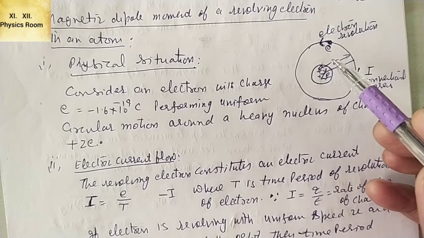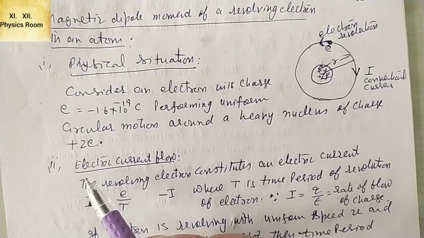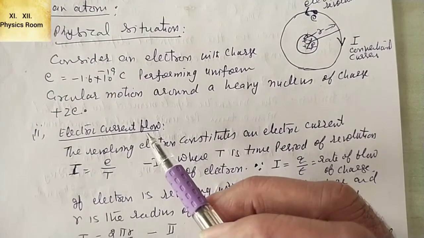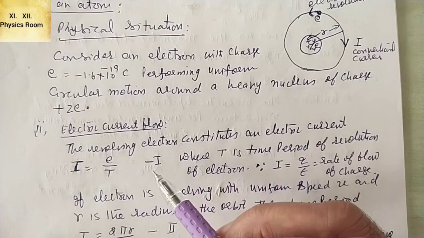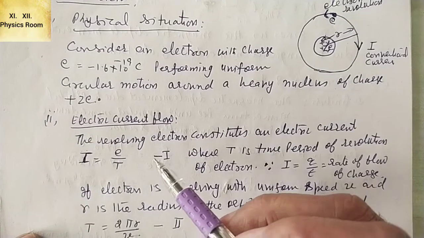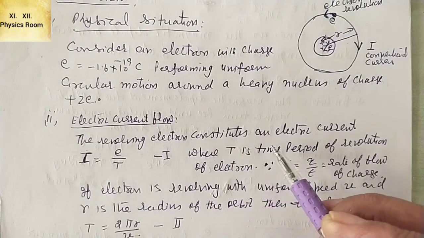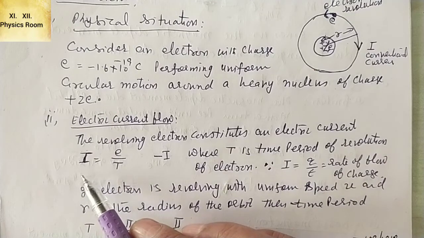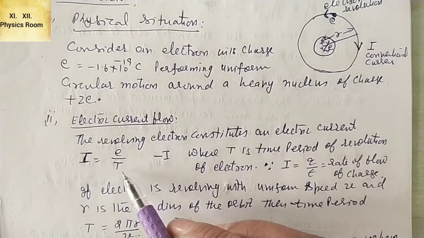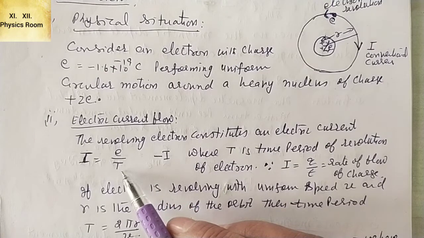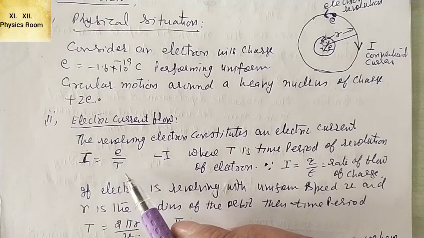Now, in the second step, we find out electric current flow. How much is electric current flowing? Let us see. The revolving electron constitutes an electric current I equal to e by T, where e is charge on an electron, T is time period of revolution of the electron, because electric current is rate of flow of charge.